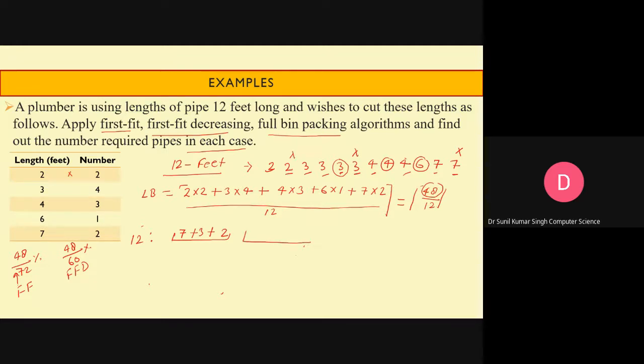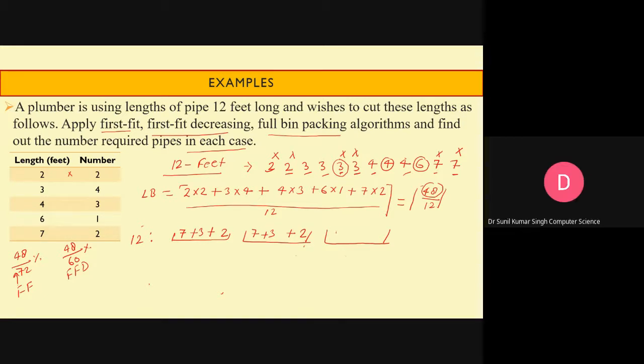So this 7 is used, this 3 is used, and this 2 is used. Now for the next group, again use 7 and another 3, and then another 2. Now what about the next ones? 4, 4, 4, 6, 3, 3.